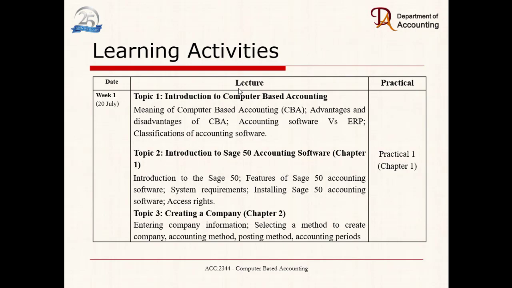So these are some of the very basic things, but still pretty important. The very basic, but still pretty important aspects you are going to learn in this course. So it's about the creation aspect of a company. So that is how, in fact, we start working in the Sage 50 software.